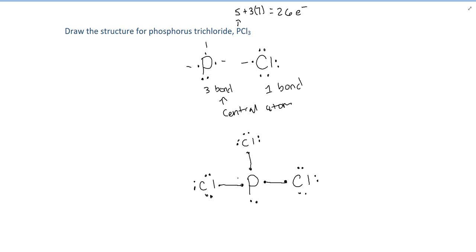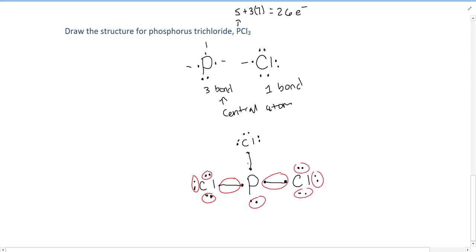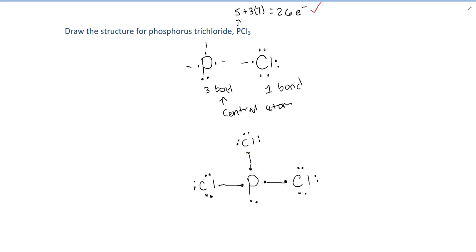And in these types of problems, we will not be asked to do one of those structures. So we have 2, 4, 6, 8, 10, 12, 14, 16, 18, 20, 22, 24, 26. So we have our 26 electrons. Check. Next, we're going to double check that everybody has an octet.